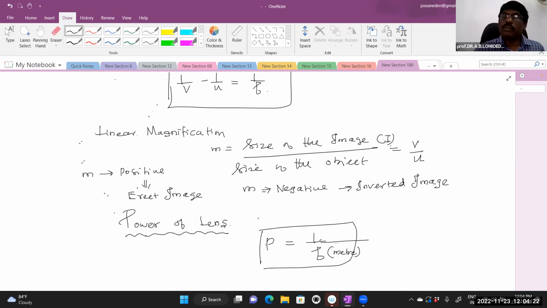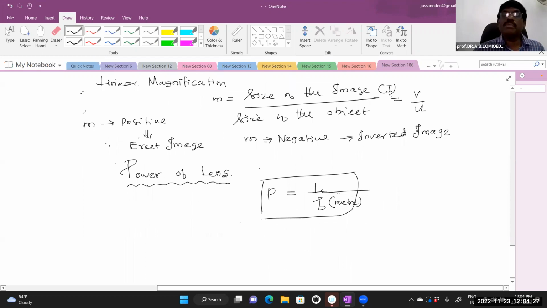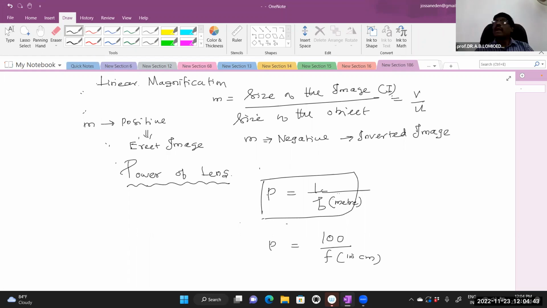Power is 1 by F. Suppose we use centimeter, this formula is modified as 100 divided by F. With F in meter, it is 1 by F; with F in centimeter, it is 100 divided by F. Actually, we have converted the centimeter into meter. That is why 1 centimeter, centi means 10 to the power of minus 2.